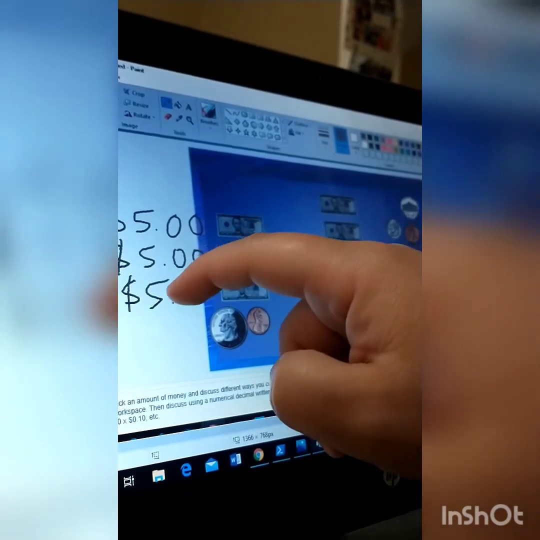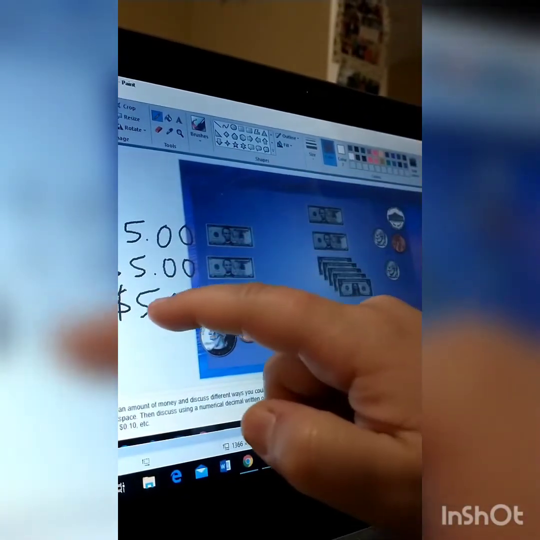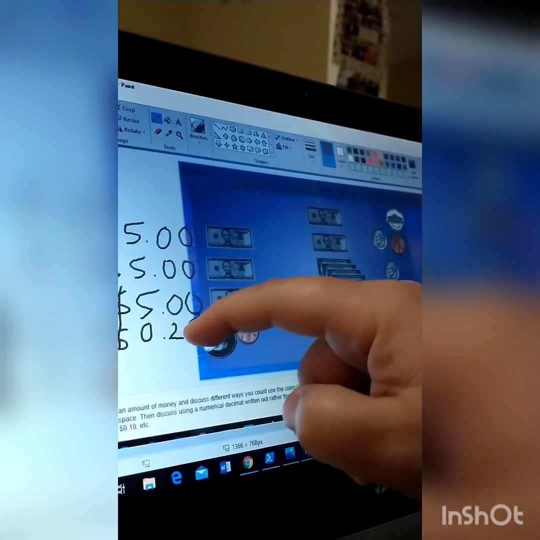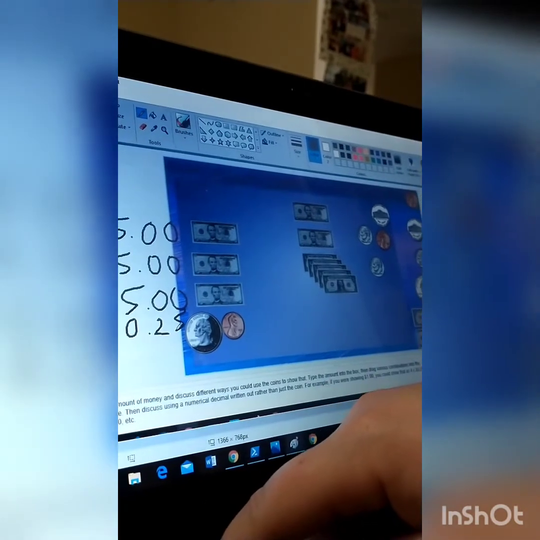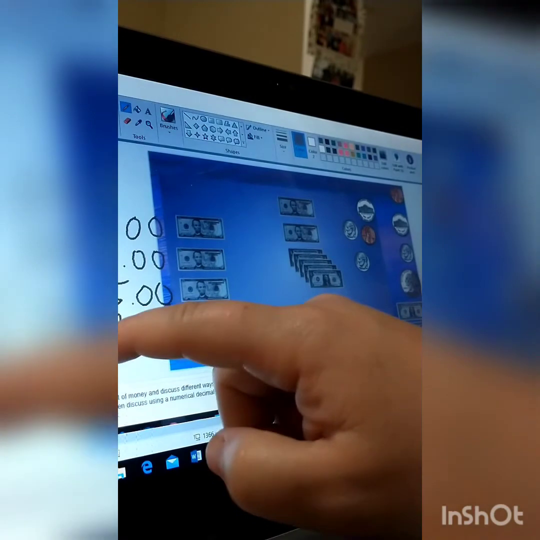Okay, I can do the decimal amount for a quarter, which is 0.25. And then what would the decimal amount for a penny be? 0.01. Right.